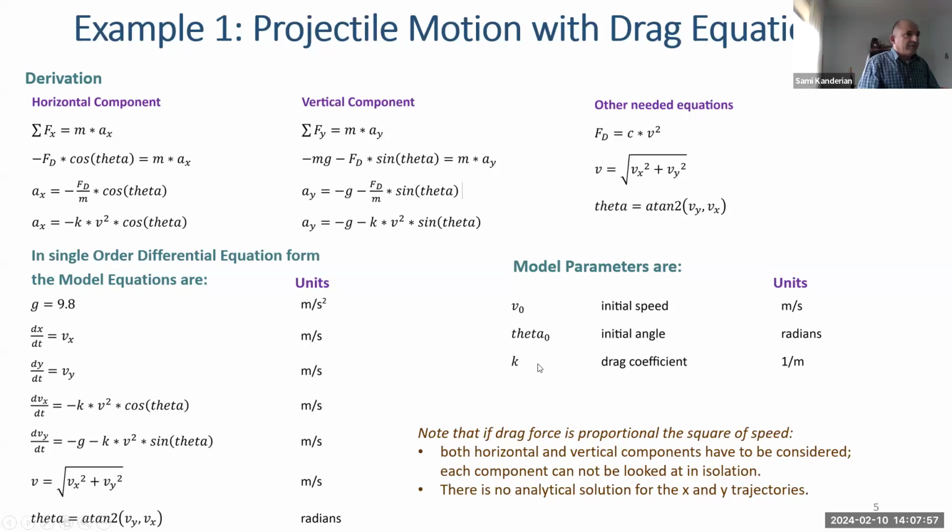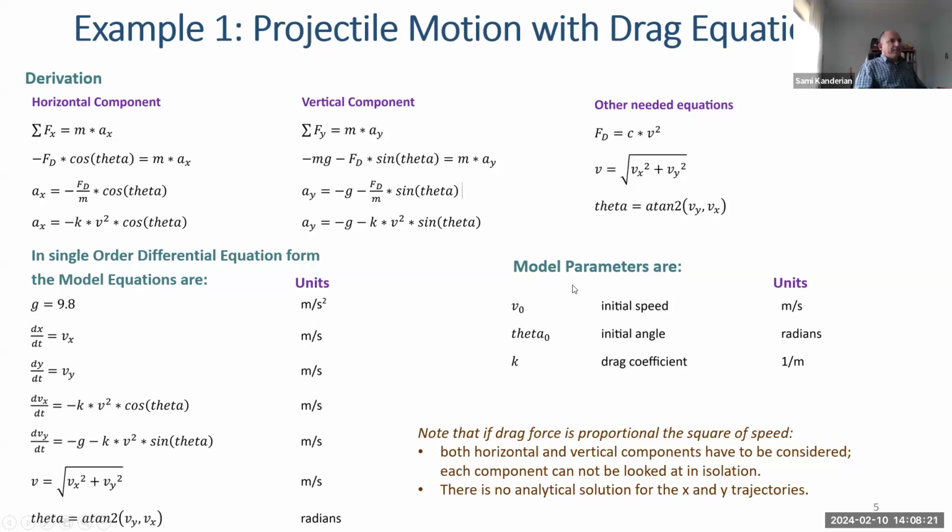meters per second squared. Now what's kind of interesting about this model is, because the drag is proportional to the square of the speed, you can't isolate the individual components. You have to consider both of them. And furthermore, there's no analytical solution for the X and Y trajectories.